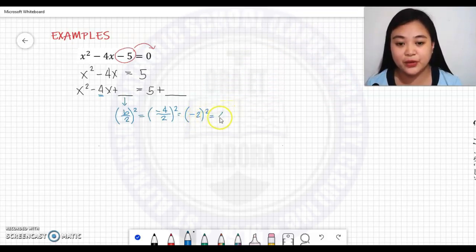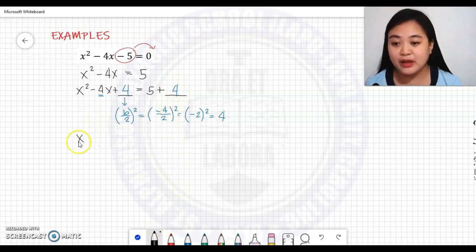Yes, positive 4. Meaning the third term of the trinomial is 4 to make this a perfect square trinomial. So if we add positive 4 here, we will also add positive 4 to the other side. We simplify further: x squared minus 4x plus 4 equals 9.